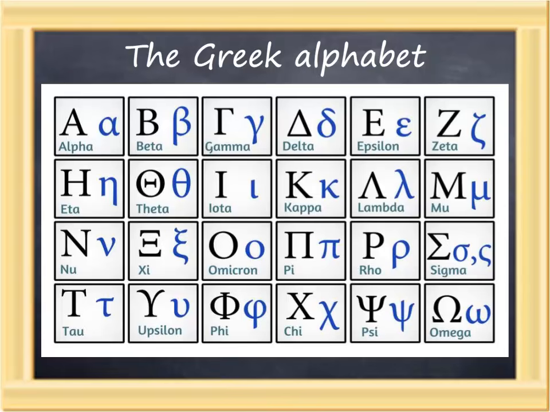Whenever sigma shows up in a word, other than when it's in the last position, it takes on this form. So if it's the initial consonant, it's this form. If it's somewhere in the middle of the word, it's this form. But if sigma is the last letter of a word, it takes on the final form that looks like a C with a little tail below it. So there are two lowercase sigmas.